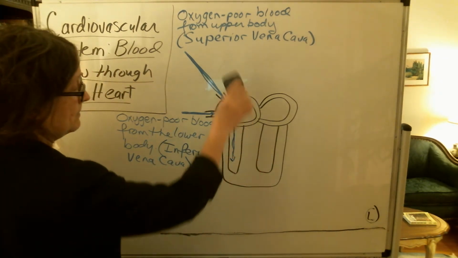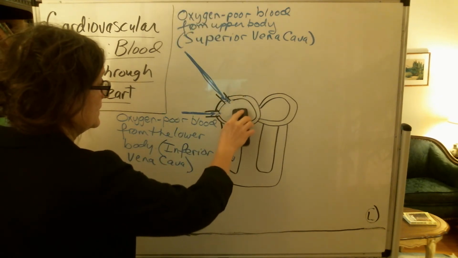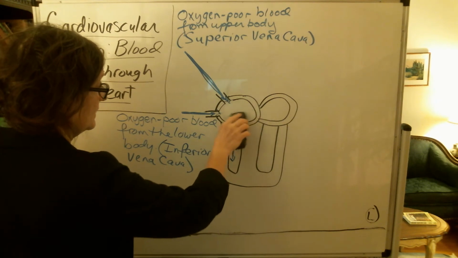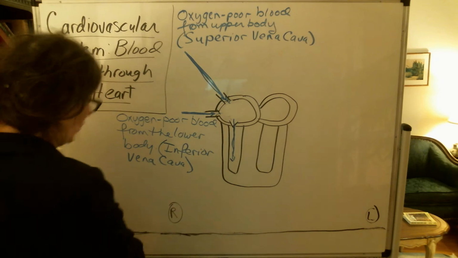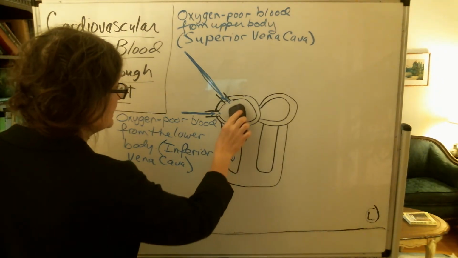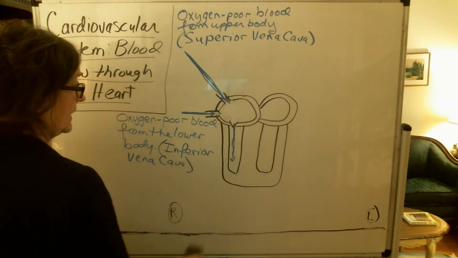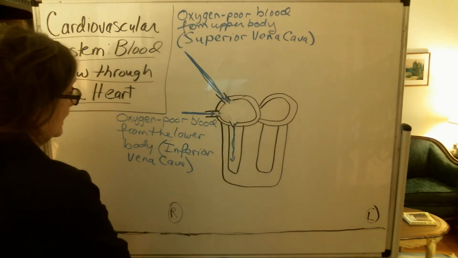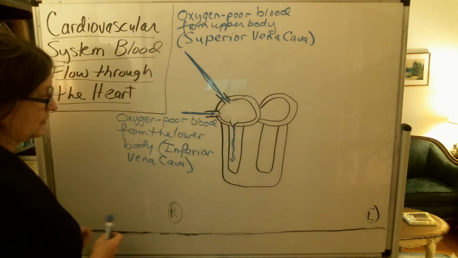And, of course, remember that when the atria contract, this blood gets squished into the right ventricle, and it cannot go backwards. That's what these one-way valves are about. The blood cannot go back into the veins, and the blood cannot go back into the atrium. So now we have blood there in the right ventricle.